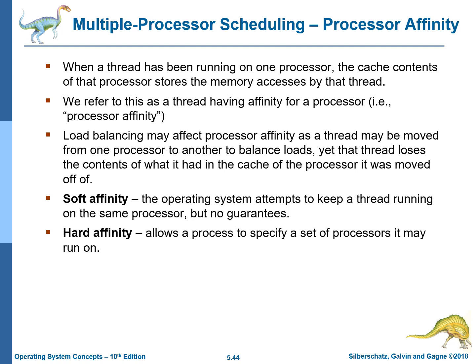Load balancing may affect processor affinity, as a thread may be moved from one processor to another to balance loads, yet that thread loses the contents of what it had in the cache of the processor it was moved out of. Soft affinity: the operating system attempts to keep a thread running on the same processor, but no guarantees. Hard affinity: it allows a process to specify a set of processors it may run on.